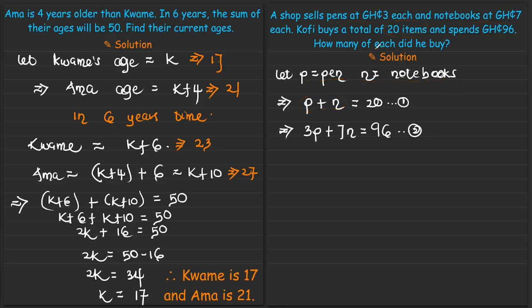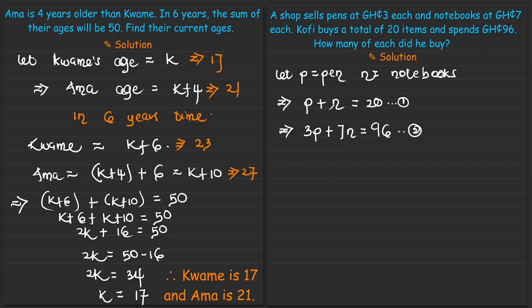Then with regards to their prices, we know each pen is 3 cedis. So the total cost of pens is going to be 3 times the number of pens. And each notebook is 7 cedis. So the total cost of notebooks is going to be the number of notebooks, which we have said to be N, times the cost of each notebook.